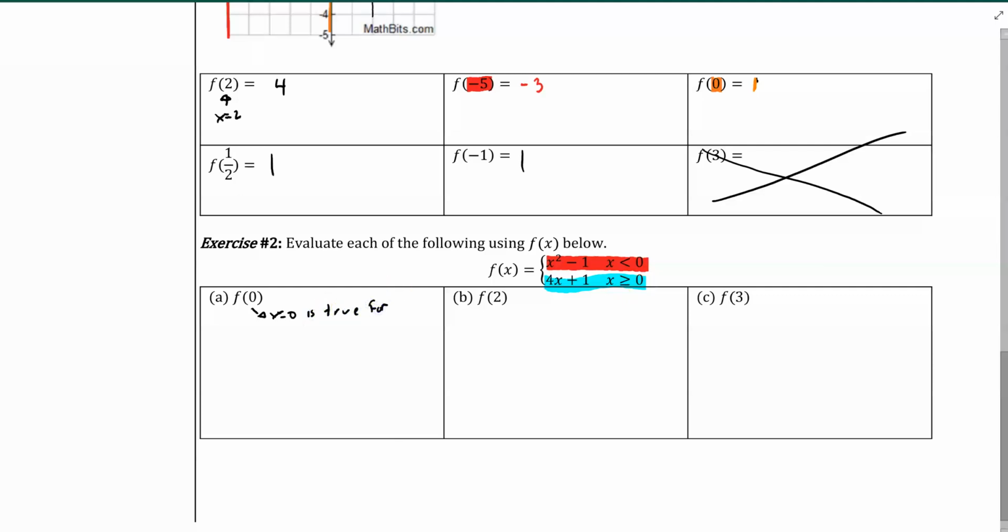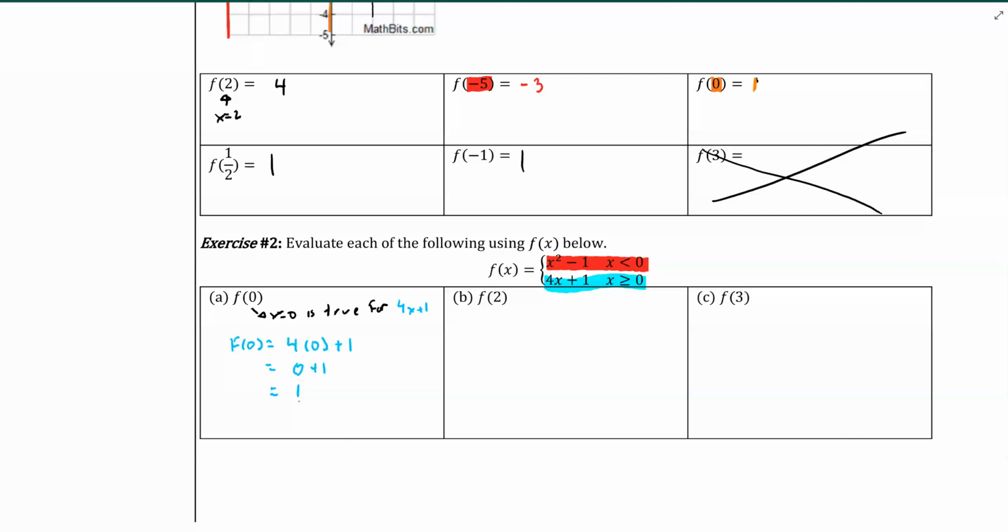So it is true for 4x plus 1. So we're going to use the 4x plus 1. So f of 0 equals 4 times 0 plus 1, which is equal to 0 plus 1, which is equal to 1. Okay, moving on to f of 2.